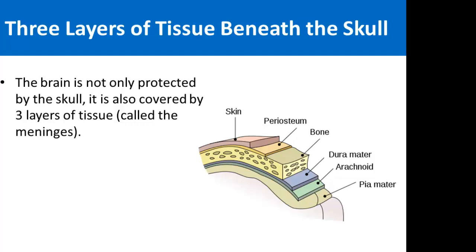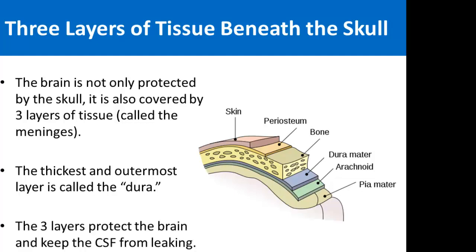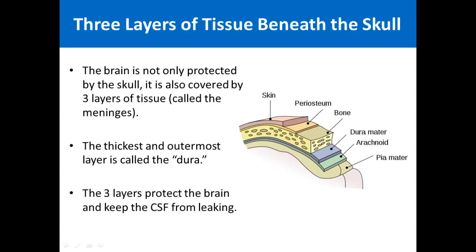These three layers are the dura mater, the arachnoid, and the pia mater. The thickest, most outermost layer is the dura. It's almost like a thin sheet of leather. Those three layers protect the brain and keep the cerebral spinal fluid within those layers so that it doesn't leak out.